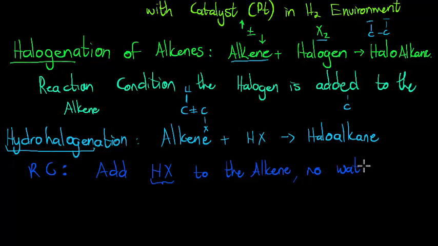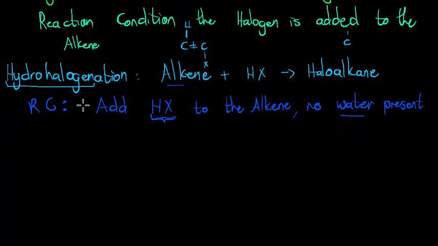Now, why would we say no water present? Because usually we dilute this in water, because it's an acid. And if I do dilute it in water, the problem will be that the water will react with the alkene to produce an alcohol, which is the next reaction that we are going to look at, the hydration of alkenes.